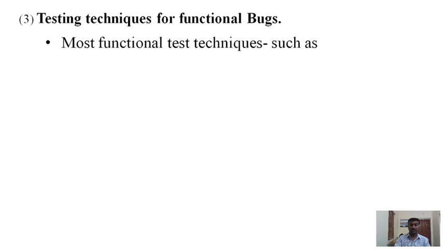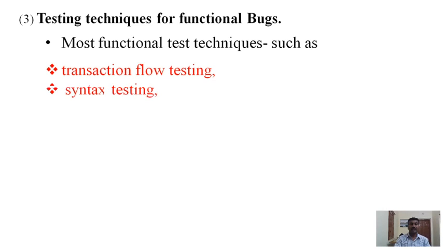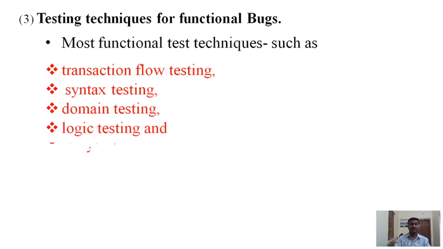They are: first, transaction flow testing; second, syntax testing; third, domain testing; fourth, logic testing; and the last one, state testing. With the help of these testing techniques, we can test the functional behavior of the system. Any bugs found come under functional bugs.